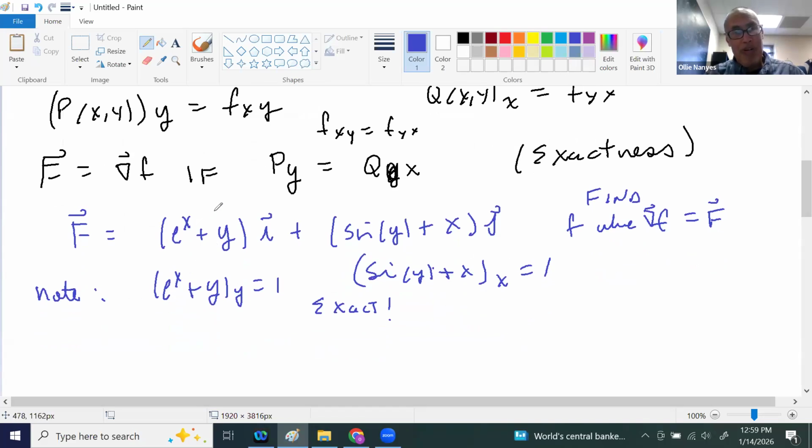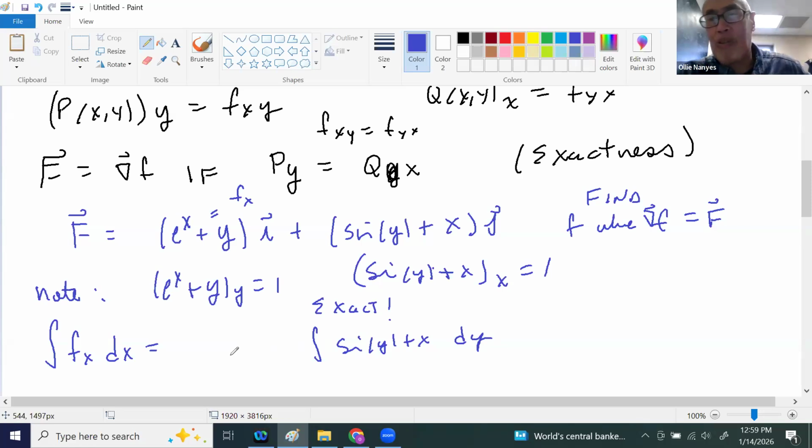Well, remember, this thing here is the partial of f with respect to x. So if you take the partial of f with respect to x and integrate it with respect to x, you'll get something. Same thing if you take this and integrate it with respect to y. And up to a constant of sorts, these two ought to be equal.